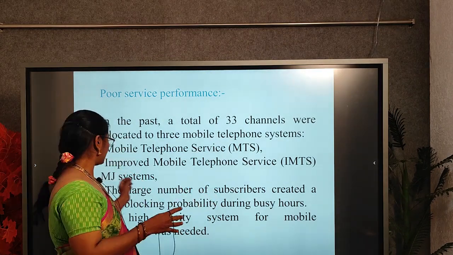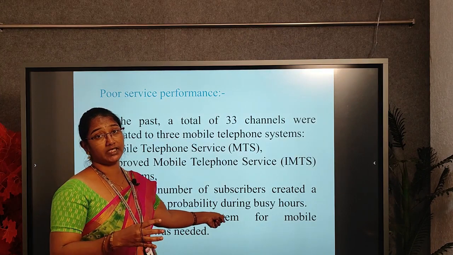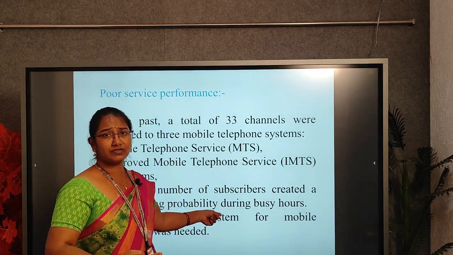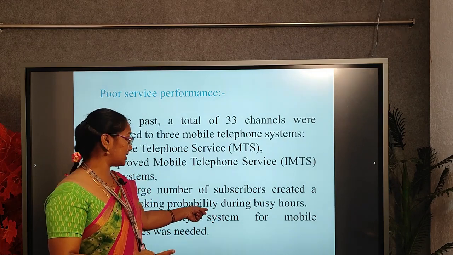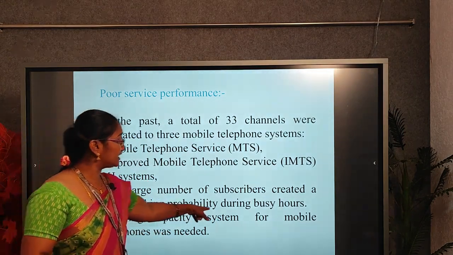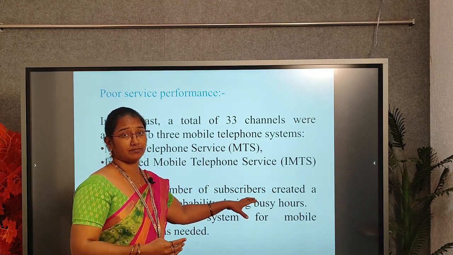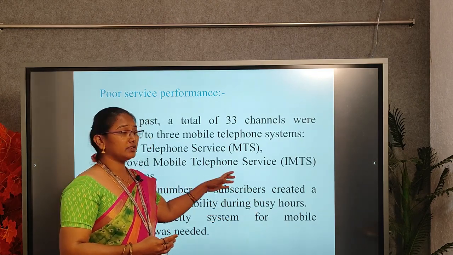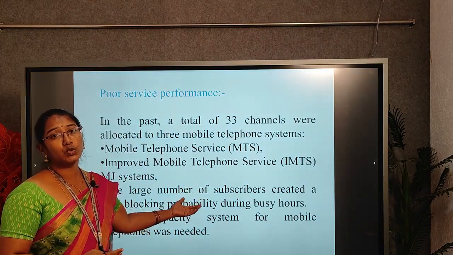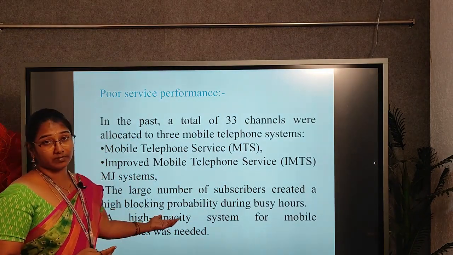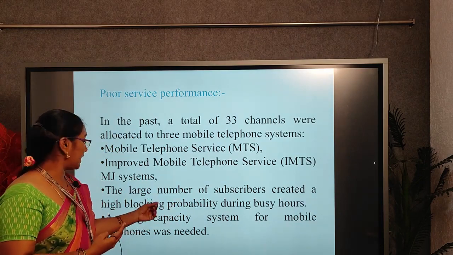That makes a high blocking probability, meaning the system is not able to assign a channel to the customer. That is a problem. In busy hours, whenever there is full traffic, the network may not be able to assign a channel. That is called blocking, and the blocking probability increases.